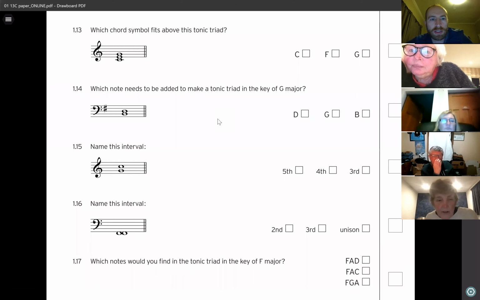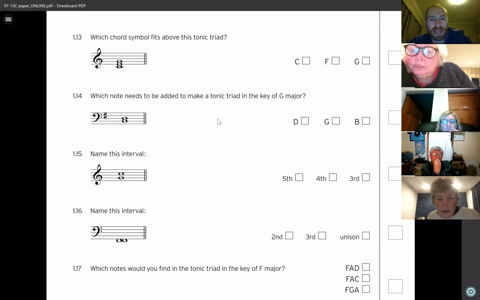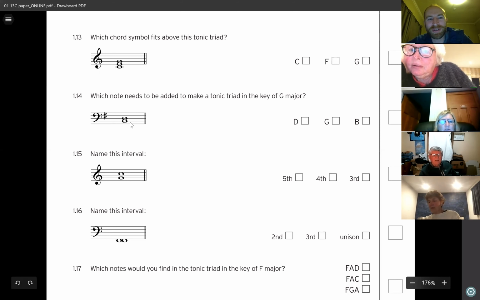Which note needs to be added to make a tonic triad in the key of G major? G, B, D. You need to add a D, don't you? Check carefully. Oh, it's a bass clef. What notes have you got here?